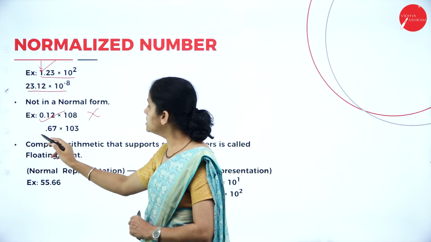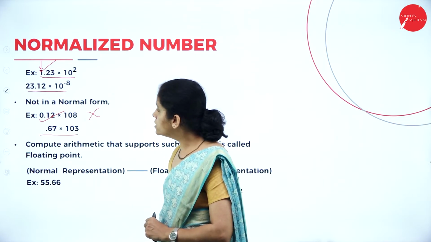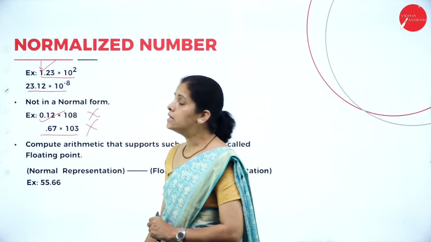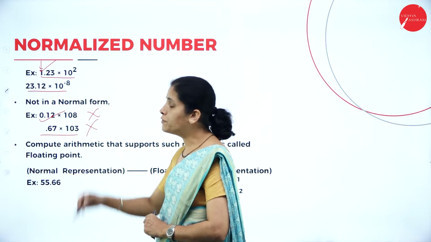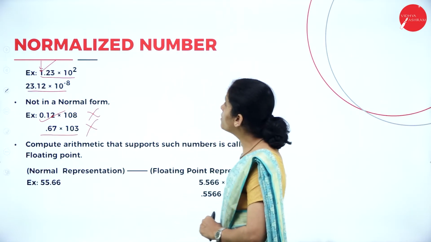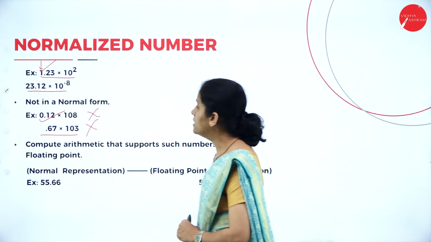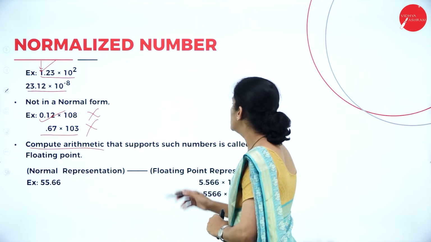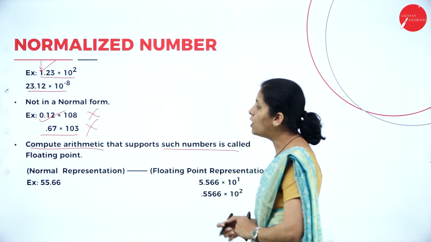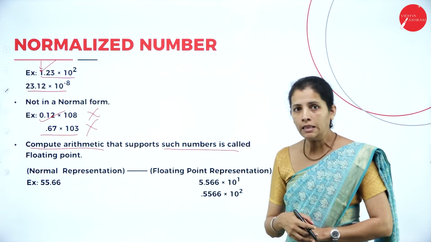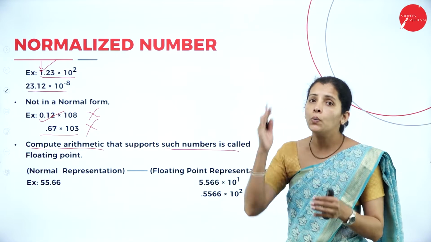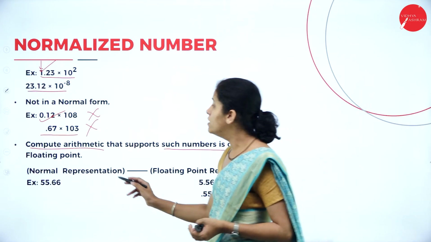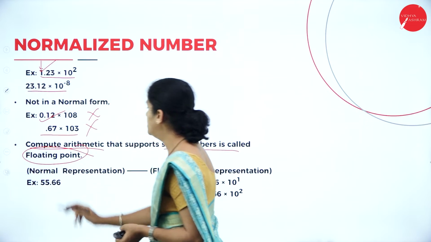And this one also starts from 0, so it is not a normalized number. Now, computer arithmetic that supports such numbers is called floating point. That means a number which supports normalization is called a floating point number.